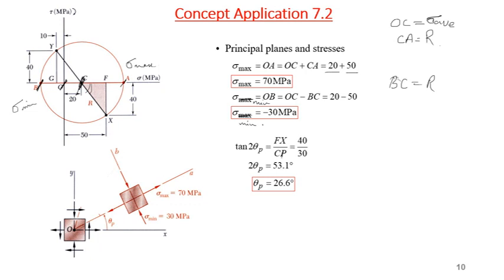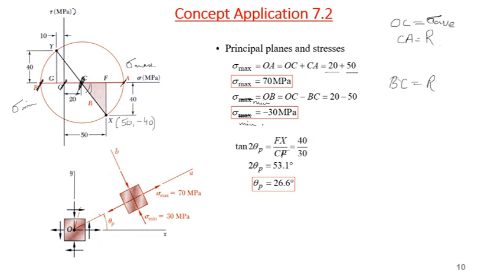That is CF. So for FX, if you remember, the X point location was 50 and minus 40. Now this distance is minus 40. And CF, what is CF?